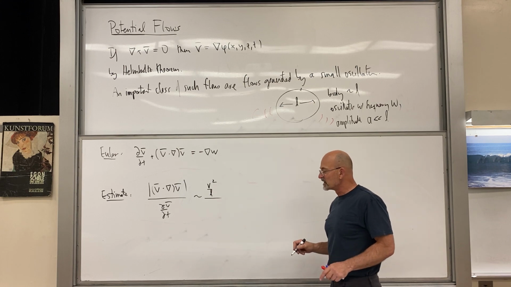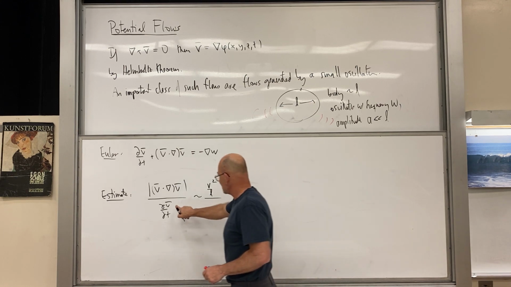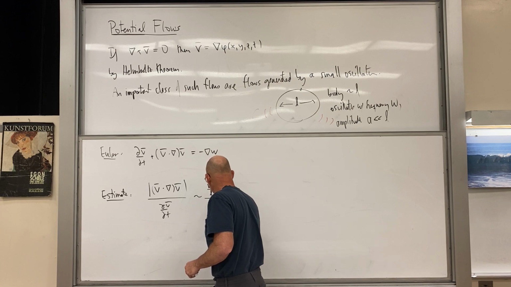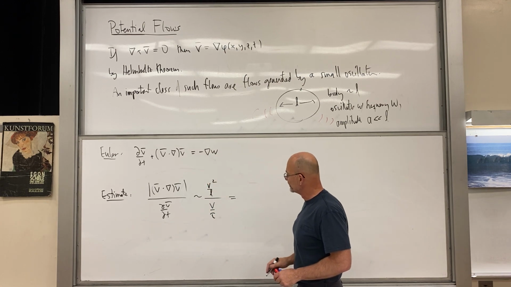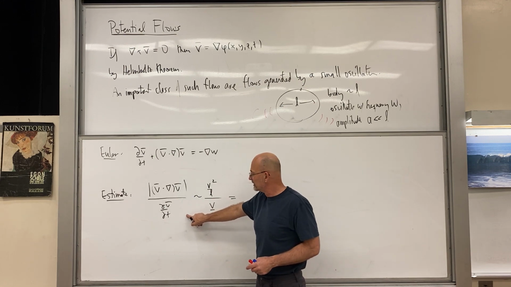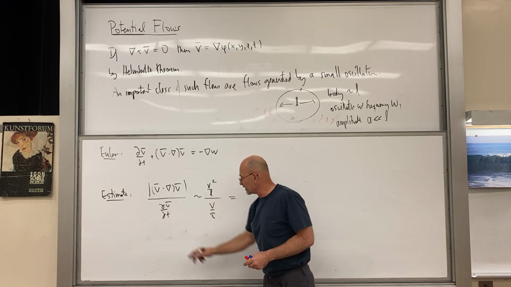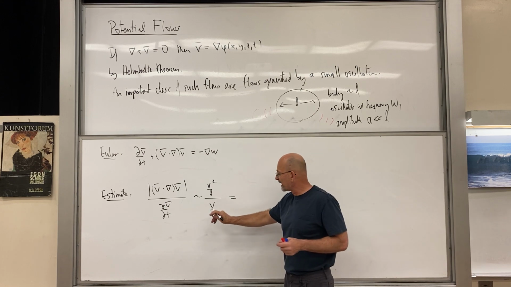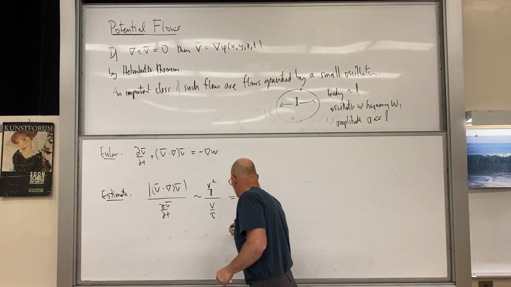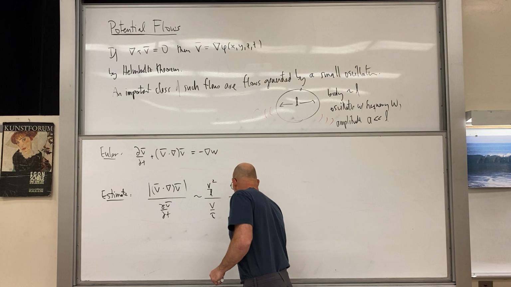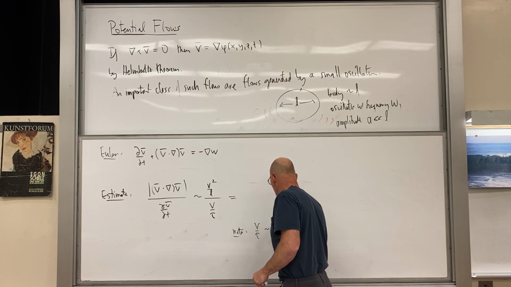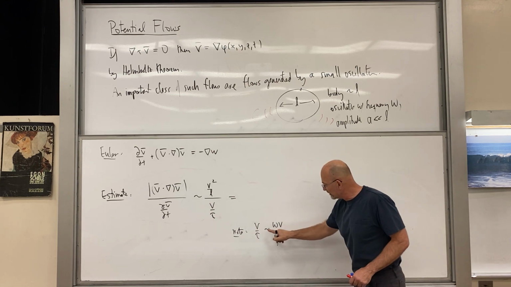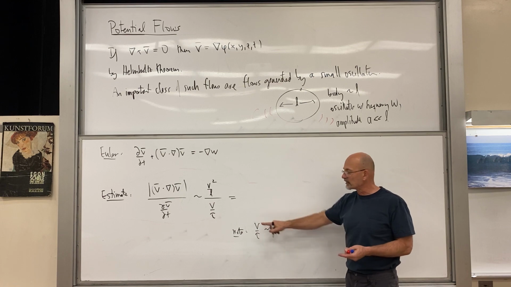In the denominator, we basically have a v over tau, where tau is the time scale, and v is the scale of the speed. So this v over tau goes as omega times v, because omega is 1 over tau.